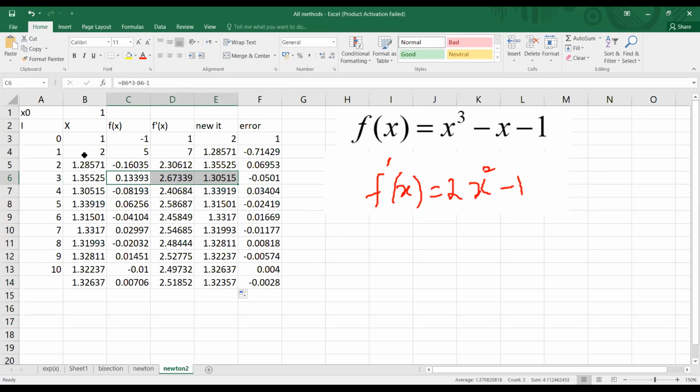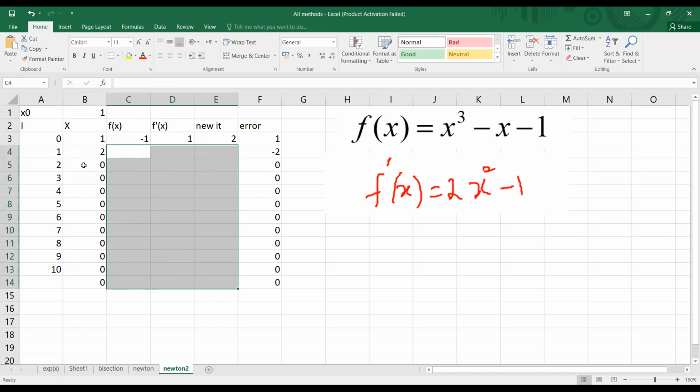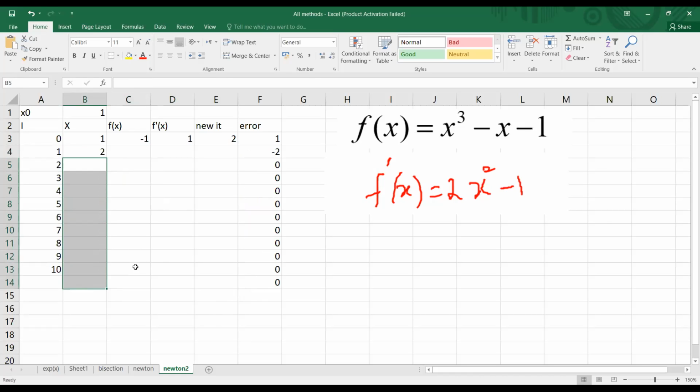Still I am correcting these values and these values. Now it is fine. This is E3.